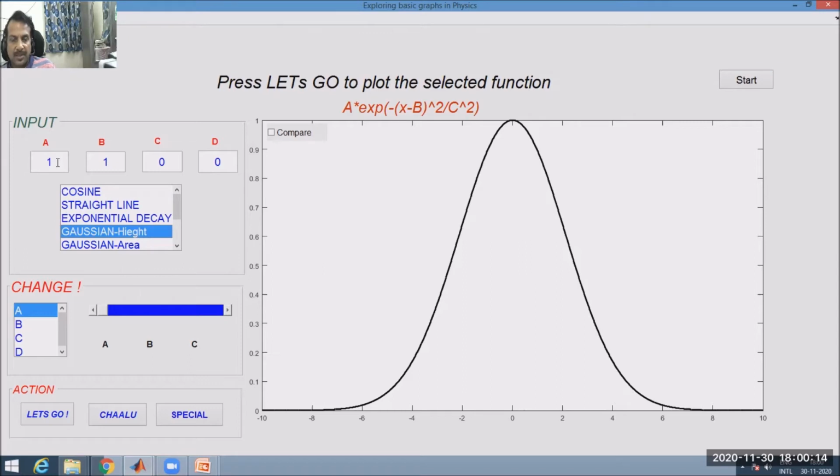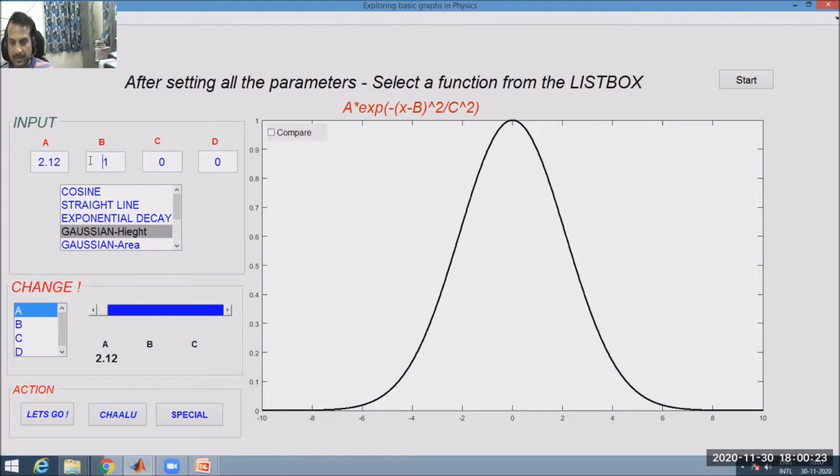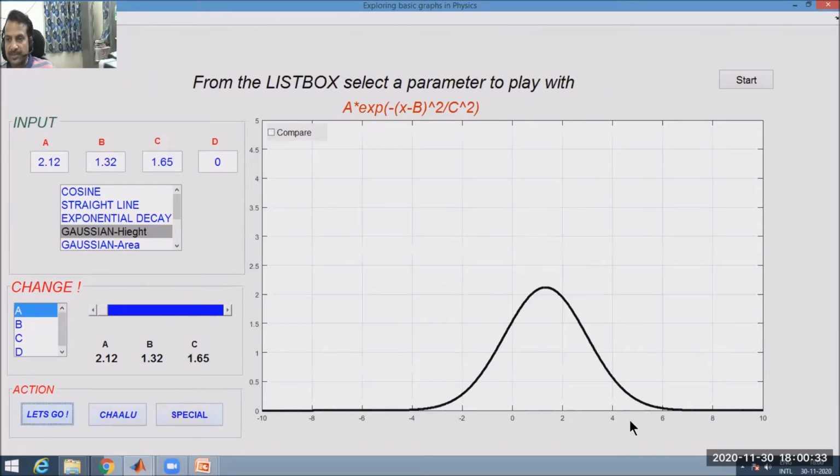To start with, let us initiate these three parameters, A, B as something, and C as something, and let's see how it looks. So this is a typical Gaussian function.